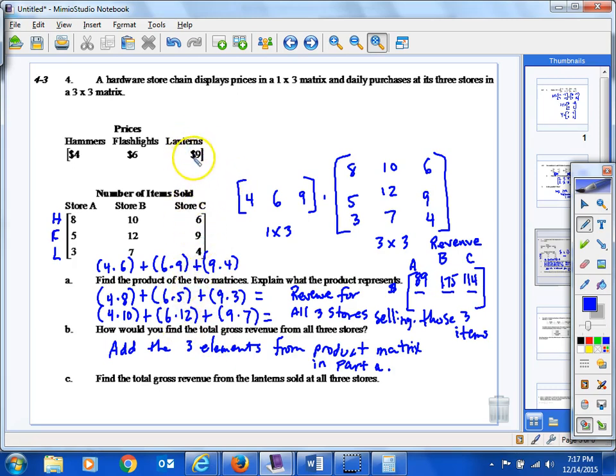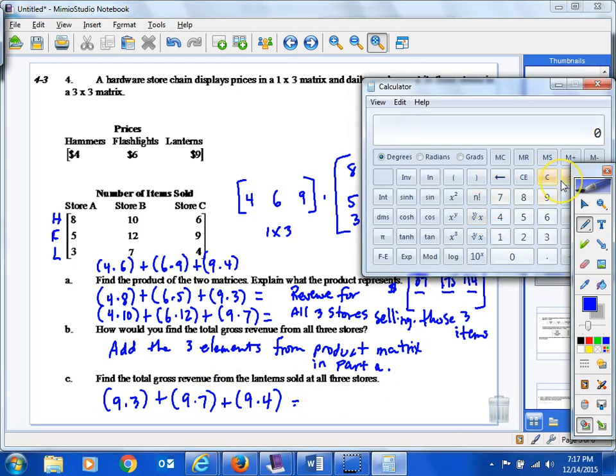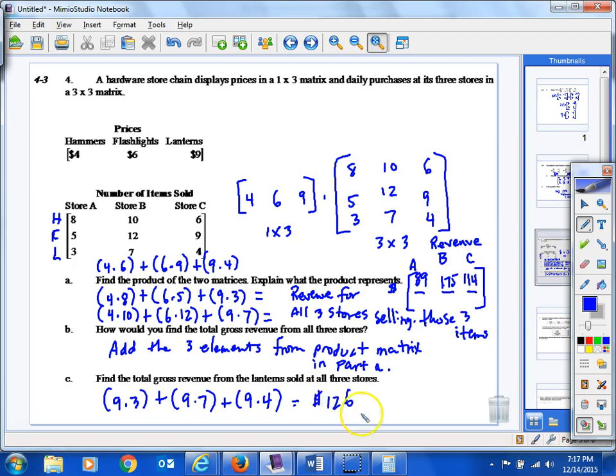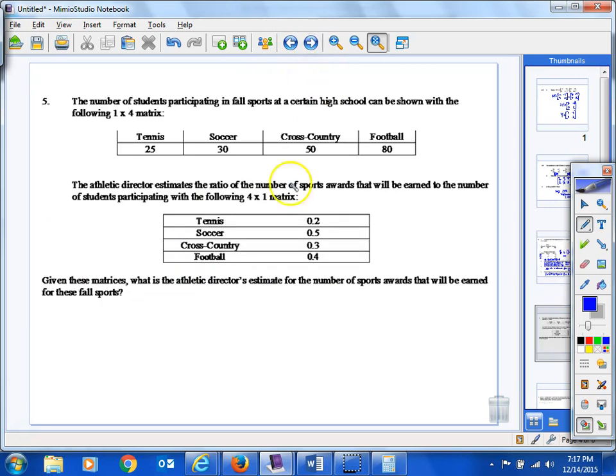Okay, well, lanterns cost $9, so it would be $9 times store A's sales, 9 times 3, plus $9 times store B sales, 9 times 7, and then 9 times 4. 27 plus 63 plus 36, $126 would be your answer for part C. Okay, hopefully that helps you on number 4.